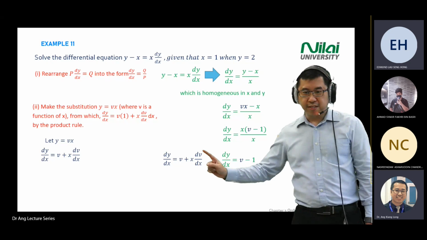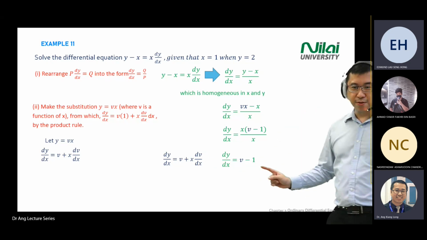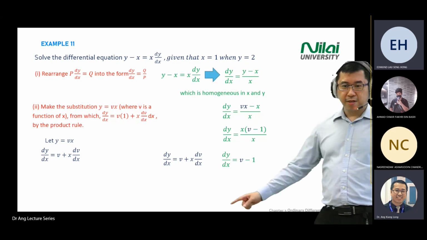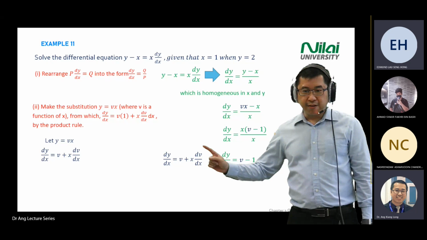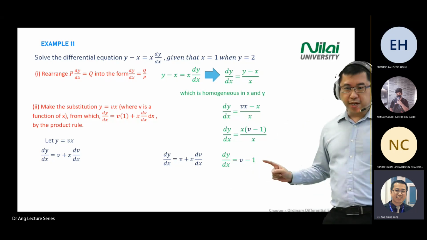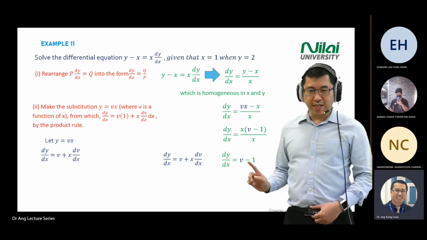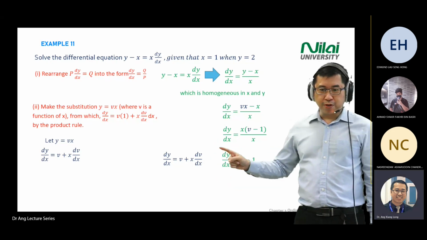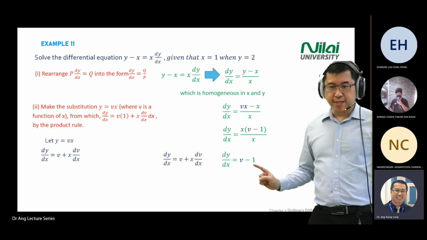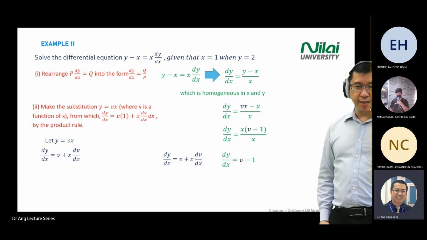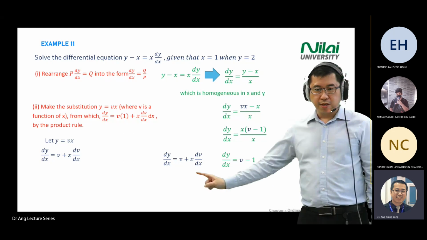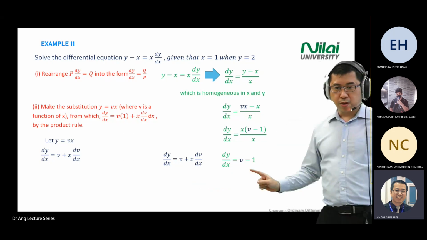Positive x dv/dx. This one is what? Minus 1. So x dv/dx equals minus 1. Edmund, don't make this mistake again. Try to improve on this. When you compare side by side, don't just copy the value only. You have to be careful with the positive and negative sign. So this one equals negative 1.